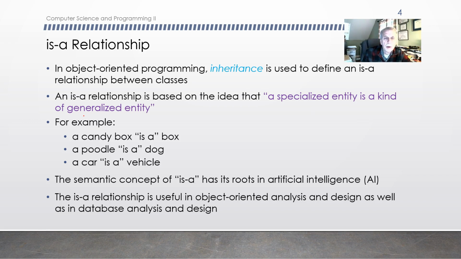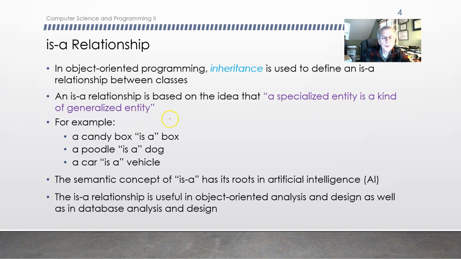And these specialized boxes all have length, width, height. They all have the ability to fill, to empty, compute volume, compute surface area, and so forth, regardless of the fact that they are specialized things. But the key is that the specialization allows us to extend the capabilities or the description: every box has this in common, plus a cigar box has something additional, or a candy box has something additional.